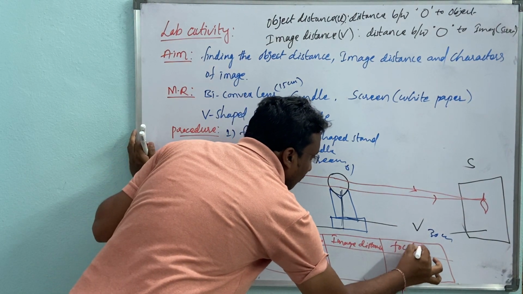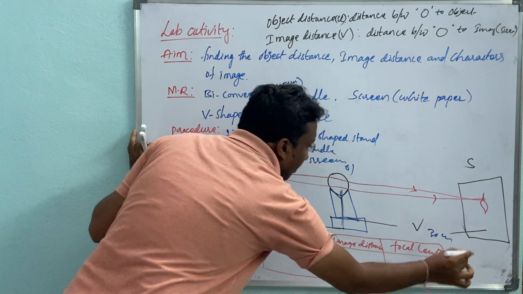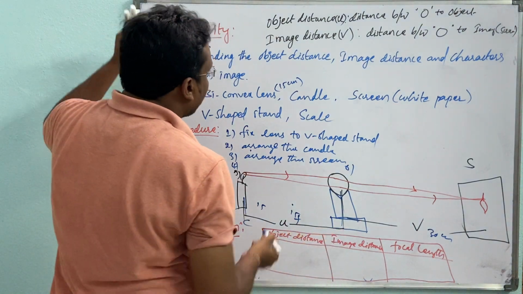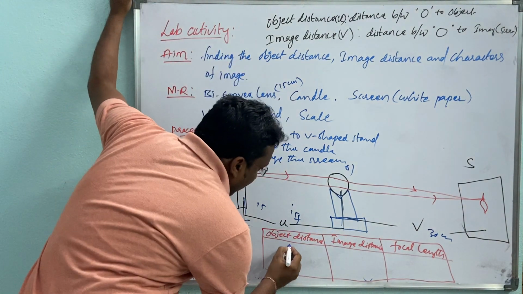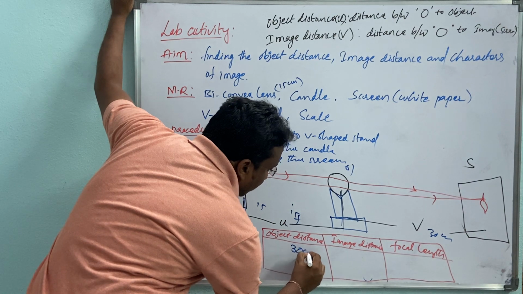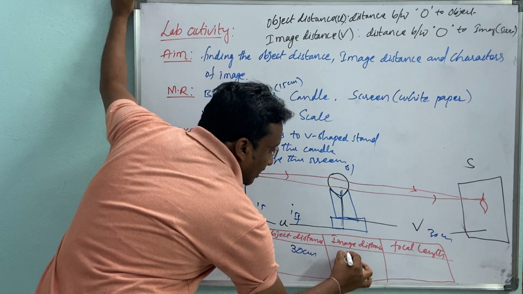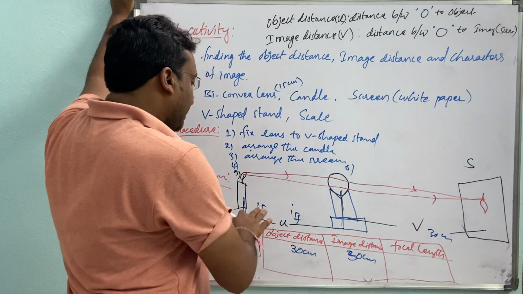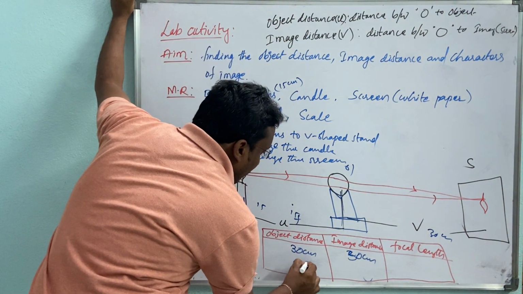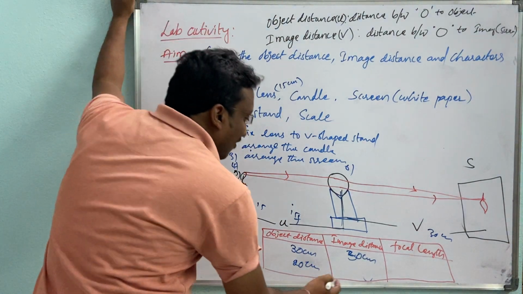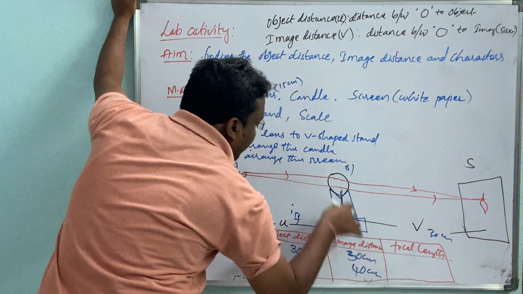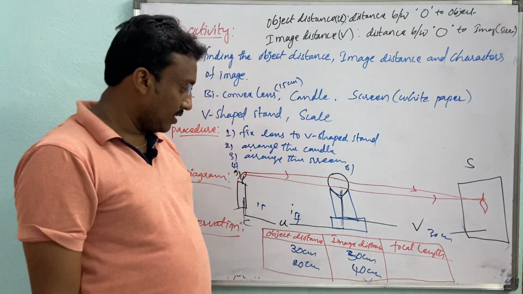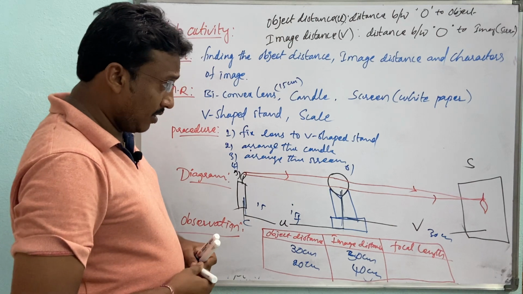Focal length. See here, for example, the known focal length is 15 centimeters. Now, I kept the object at 30 centimeters, first case. Next case, I get the image at 30 centimeters. Next case, I kept the object distance as 20 centimeters. It formed approximately at 40 centimeters. Like that, we have to write our observations, the distances.